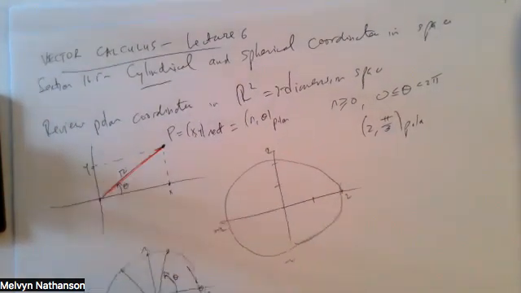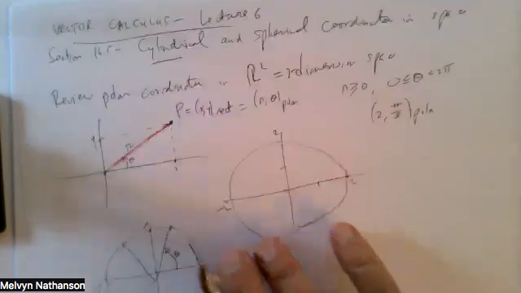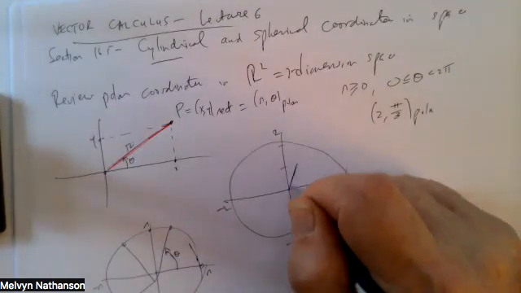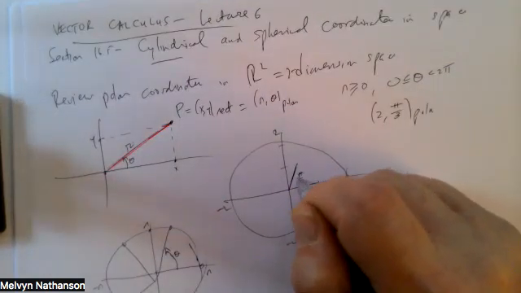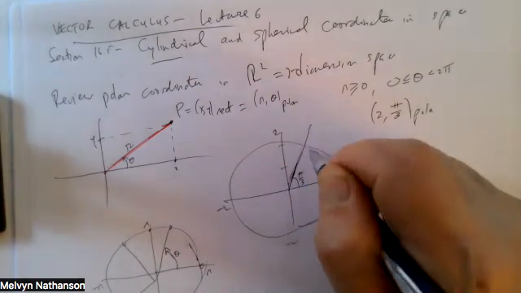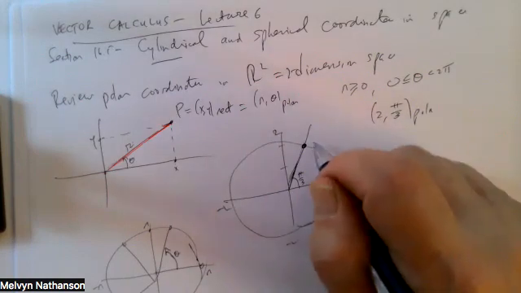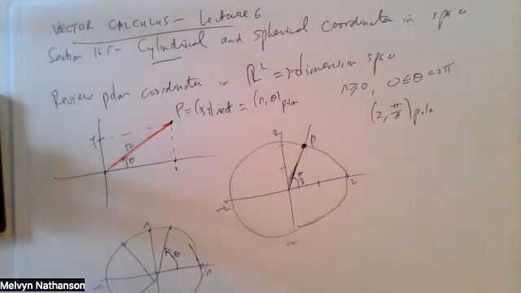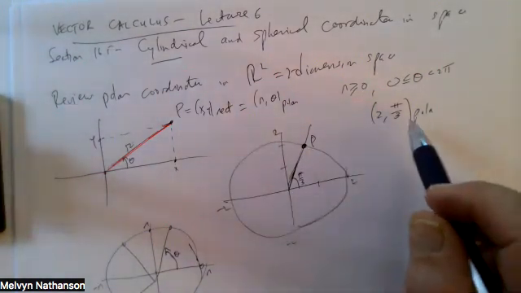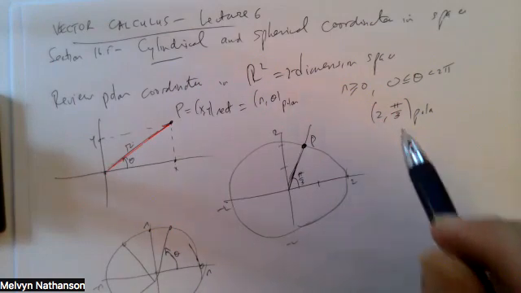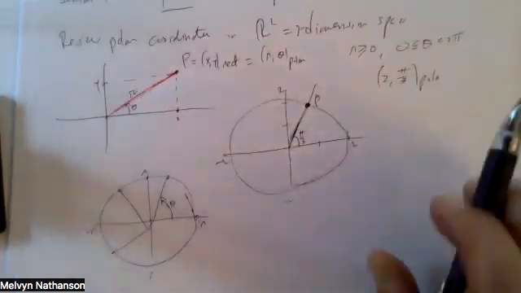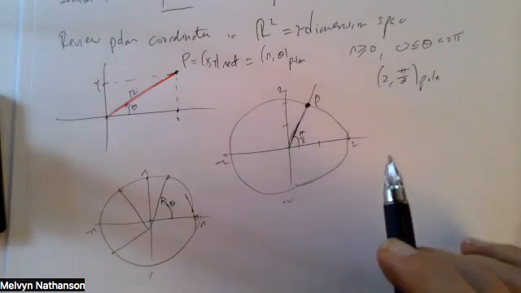And on that circle of radius 2, you take the ray that makes an angle of pi over 3 radians with the positive x-axis. And where that ray intersects the circle, this is your point P. So that point P has polar coordinates 2, comma, pi over 3. Always measure angles in radians.